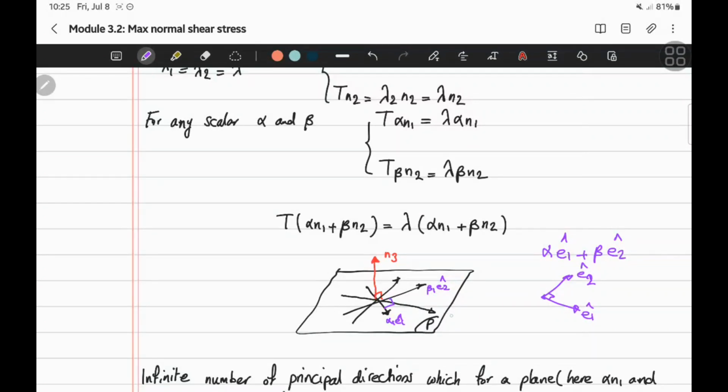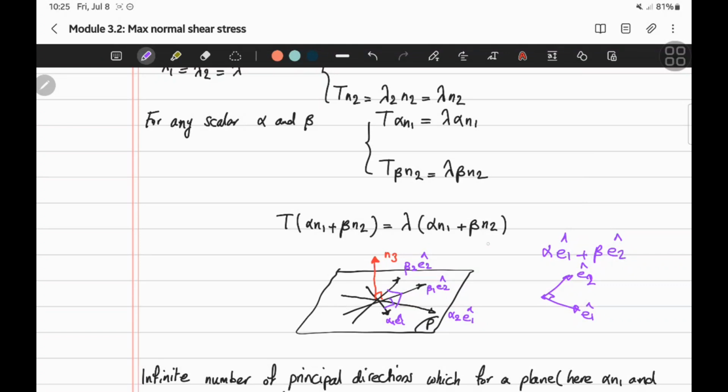And also we can have another one, alpha 2 E1, which is this one, and this one is perpendicular to beta 2 E2 basically. And these two can also form a plane, and there we have N3 normal to P, both P and alpha 2 E1 and beta 2 E2. And we can also go for an infinite number of planes which are formed by these two, alpha E1 plus beta E2.